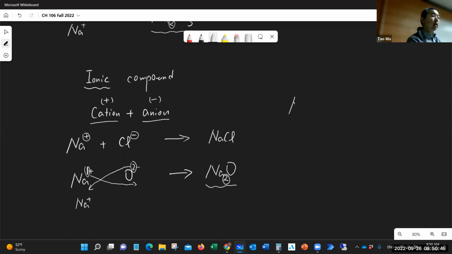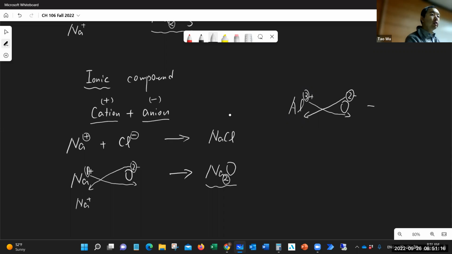Another one, like aluminum. You can do the same thing for aluminum and oxygen, though this one is a little bit more complicated. Aluminum has a 3 positive charge, oxygen has a 2 negative charge. So again, to make it easier, you move the 2 underneath the aluminum and the 3 underneath the oxygen.